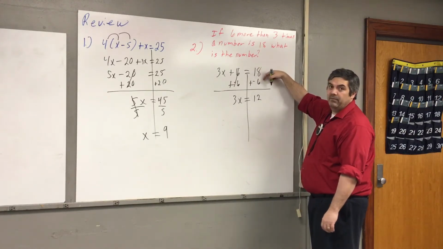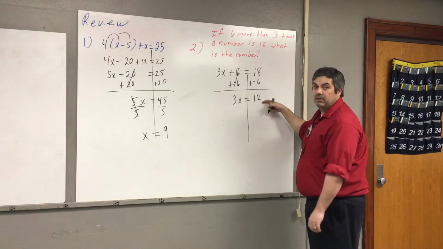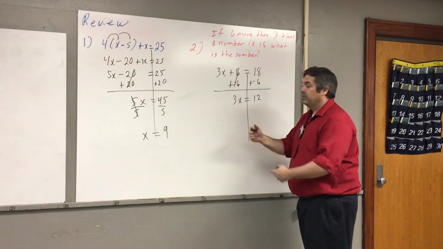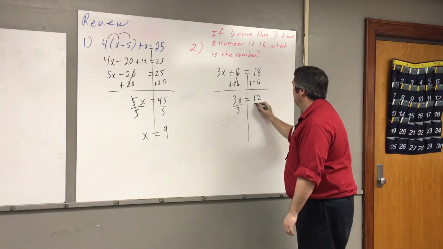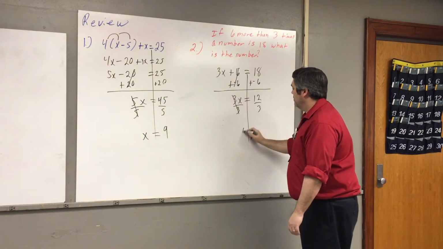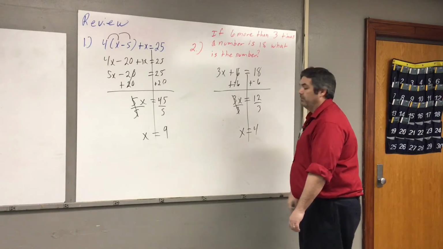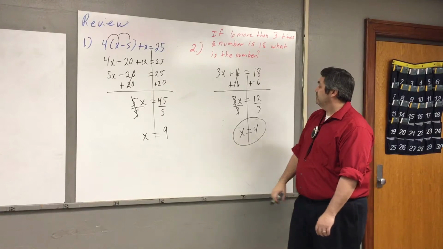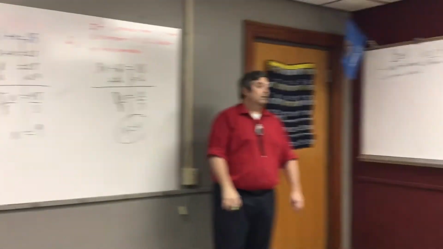Positive plus a negative. Subtract, keep the sign of the bigger number. Go back over here, 3 times x. Opposite operation. Divide by 3. Divide by 3. Cancels out. X equals 4. There's your answer. That's what x equals. What is the number? Well, it's 4.